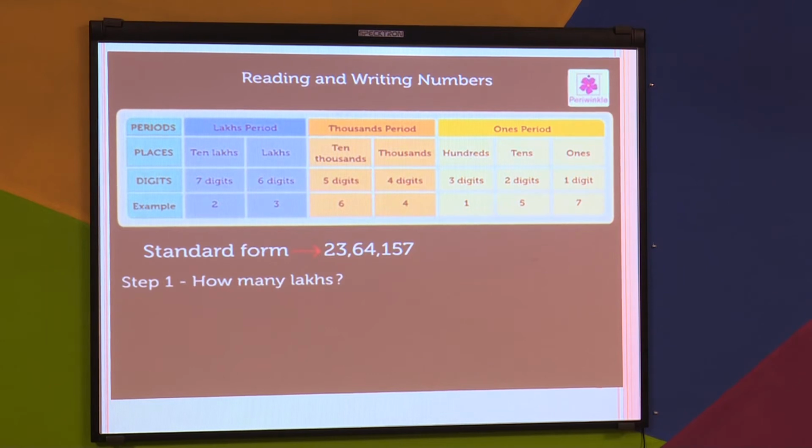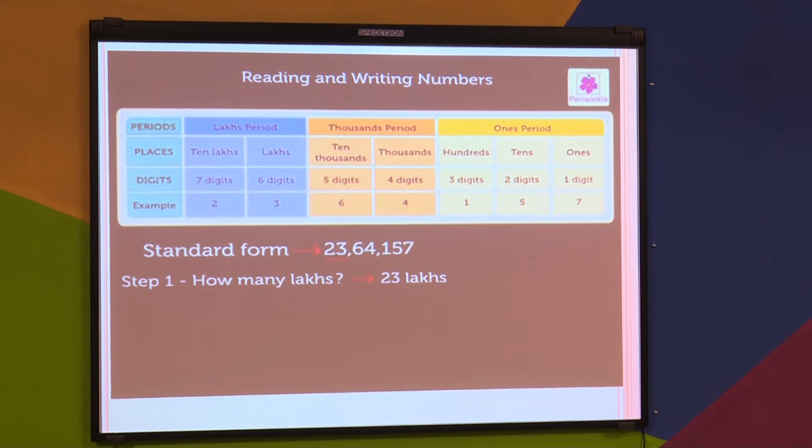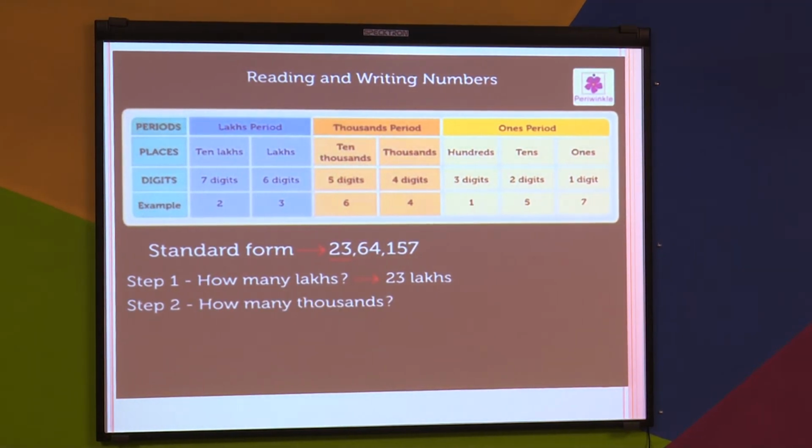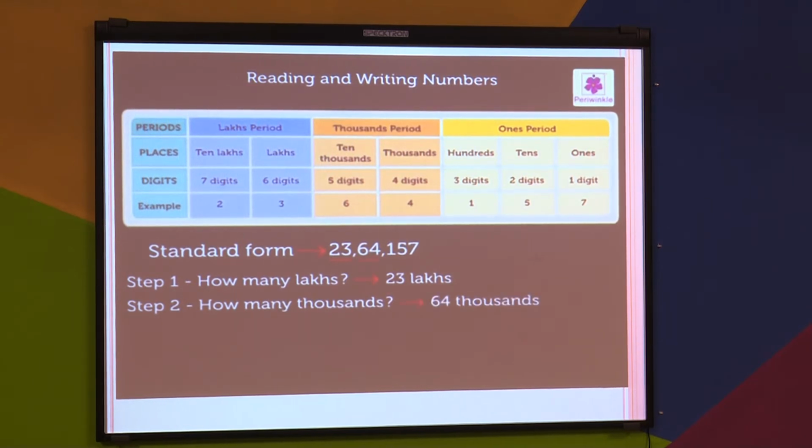Step 1. How many lakhs? The number has 23 lakhs. Step 2. How many thousands? The number has 64 thousands. Step 3. How many hundreds? The number has 1 hundred.